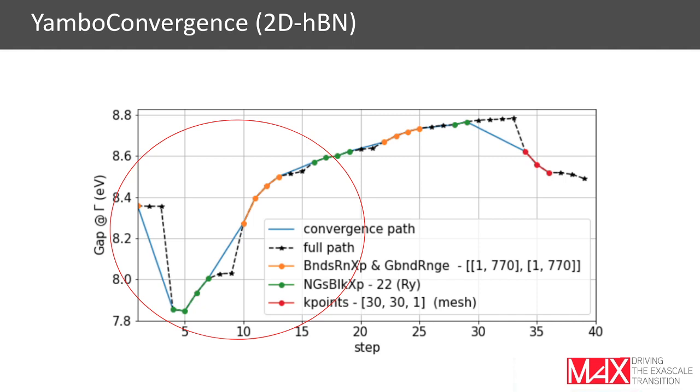And this is the main task when we do GW convergence. By iterating multiple times on these two parameters, we observe an overcoming of their interdependence by a flattening of the convergence curve.